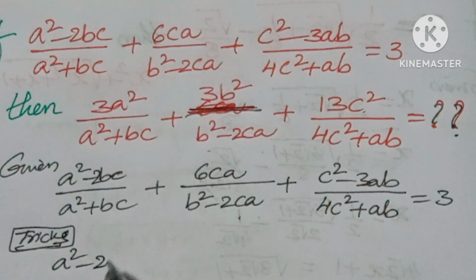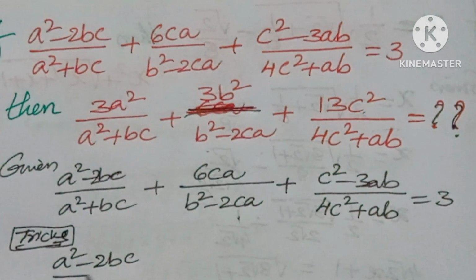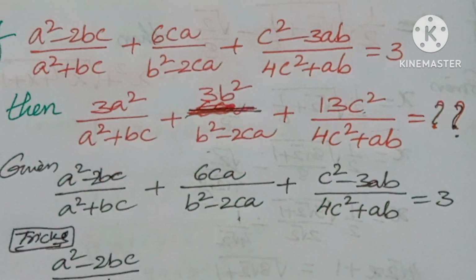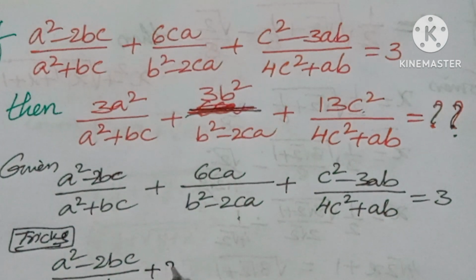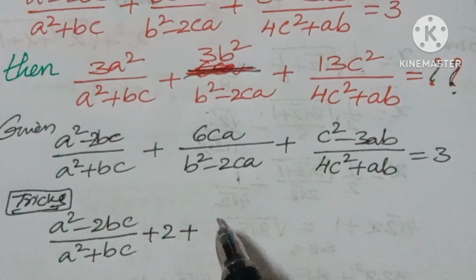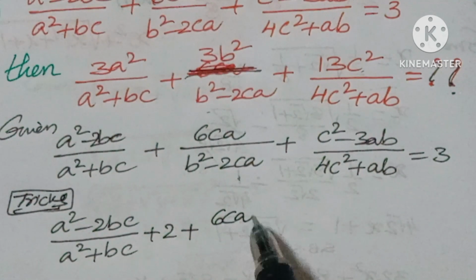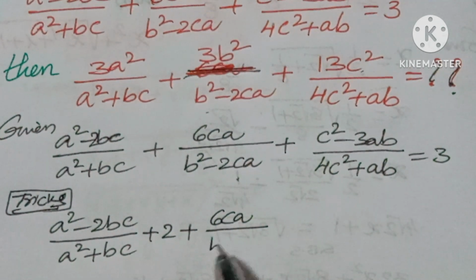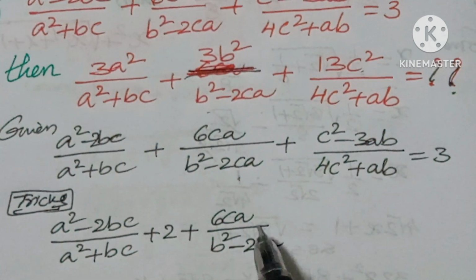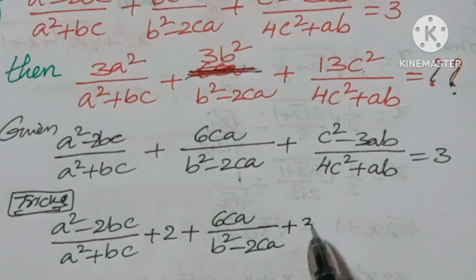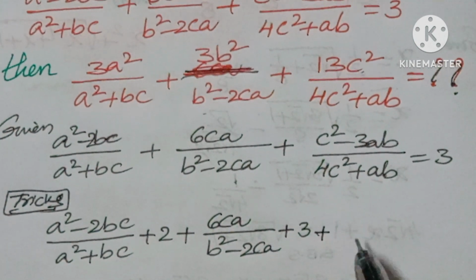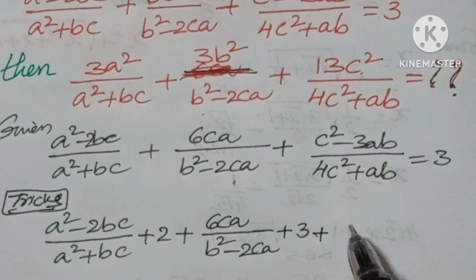In (a square minus 2BC) by (a square plus BC), we add 2. Second one, 6ca plus b square minus 2ca, here we are adding 3. Why? Because 3 twos are 6, we will get, you have to eliminate 6ca.